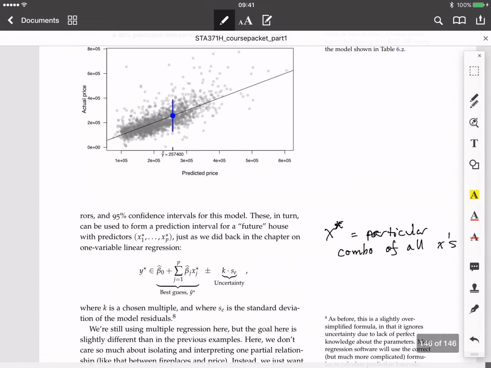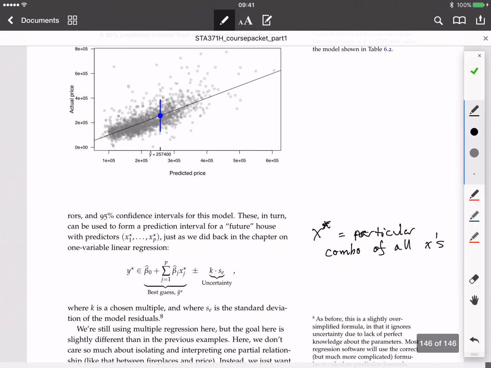All of those variables at once, that's x star right here. If you want to write that mathematically, we're saying that x star is x1 star, x2 star, all the way out to xp star, since there are p predictor variables in the model.